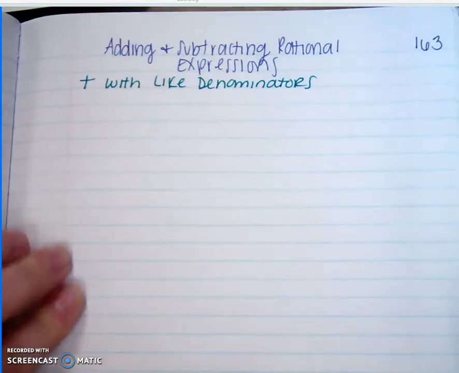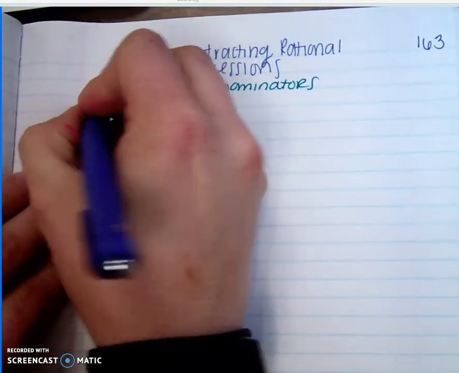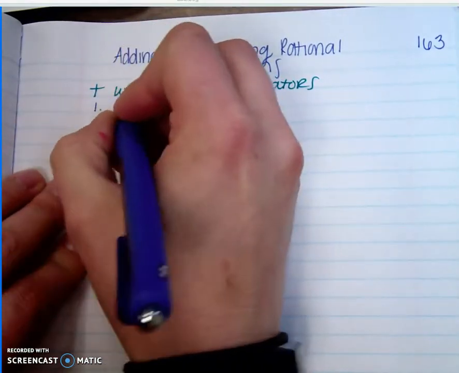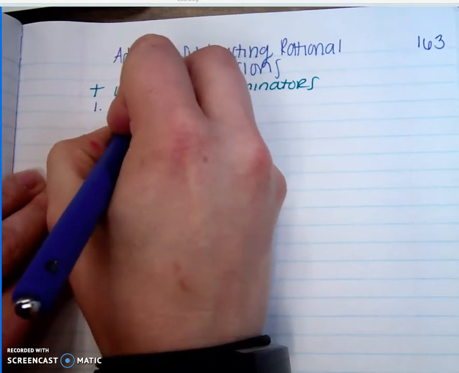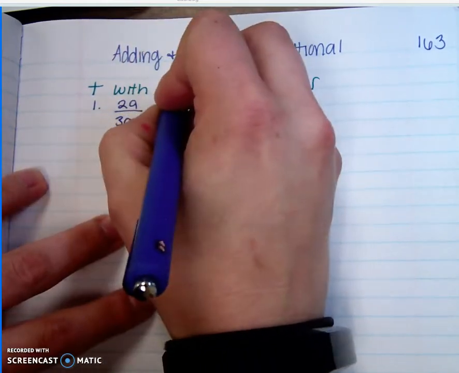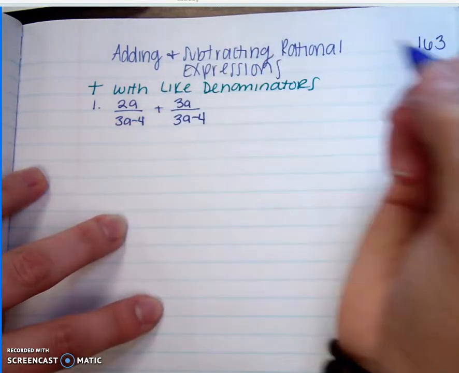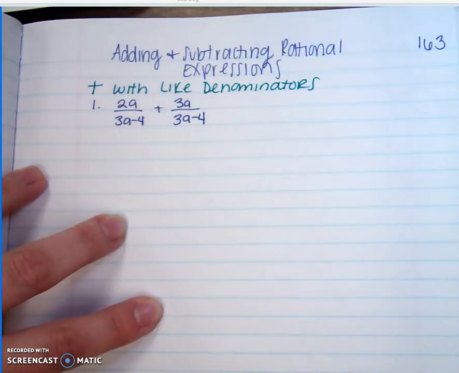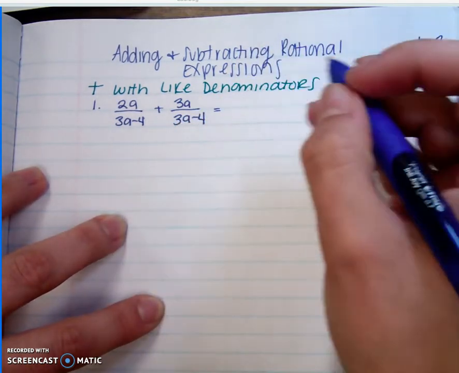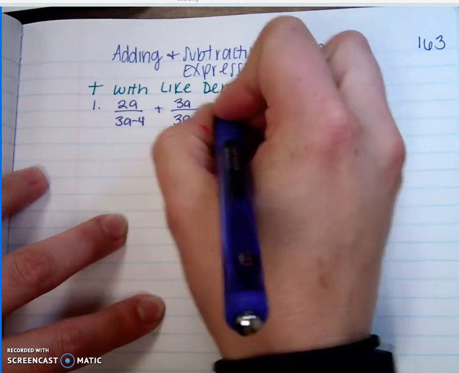So let's do one example. If we had 2a over 3a minus 4, and we add it to 3a over 3a minus 4. Just like a regular fraction, we'd make sure they have the same denominator, and they do. You're going to add the numerators across the top.